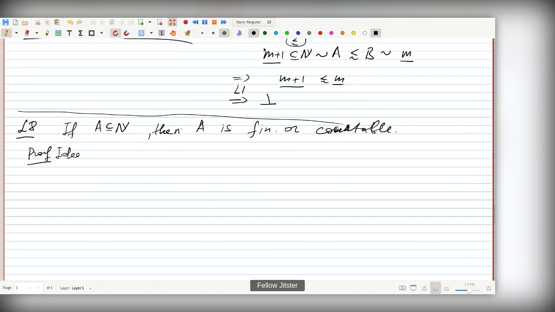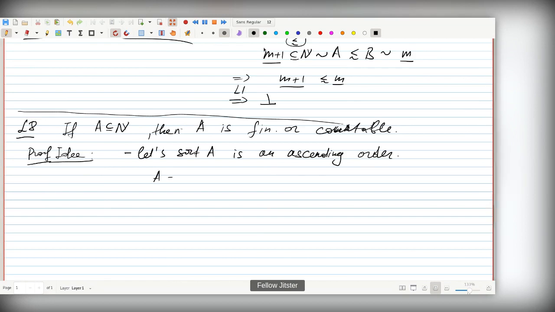There will be no proof, but just the idea. So the idea is as follows. Let us sort A in an ascending, that is rising, growing order.